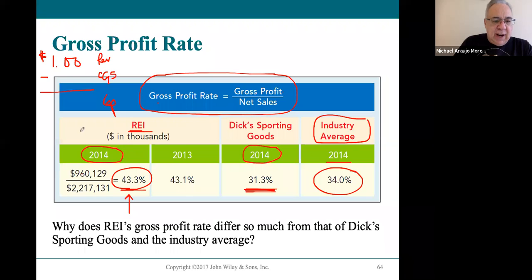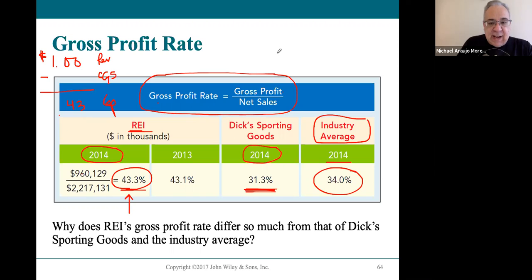So for REI, for every dollar they collect, they have 43 cents in gross profit. So from this, you can tell that REI has a very low cost of goods sold. They're only spending 57 cents on cost of goods sold because that leaves them 43 cents in gross profit.